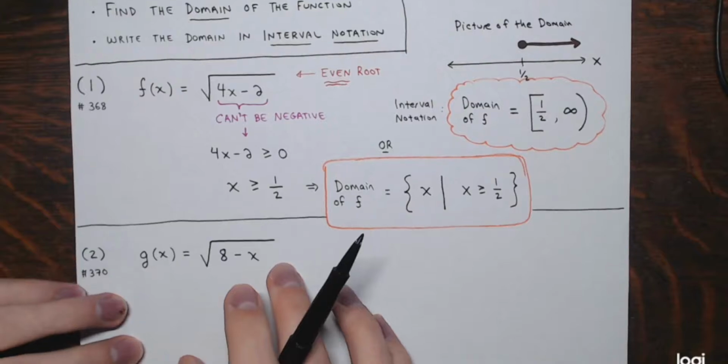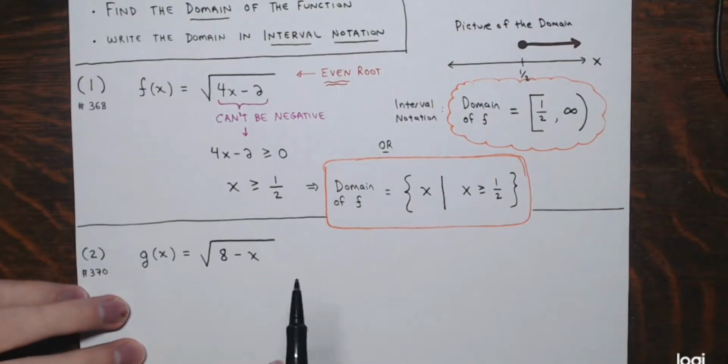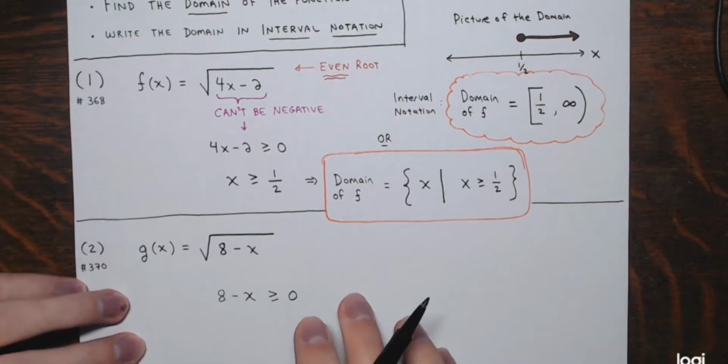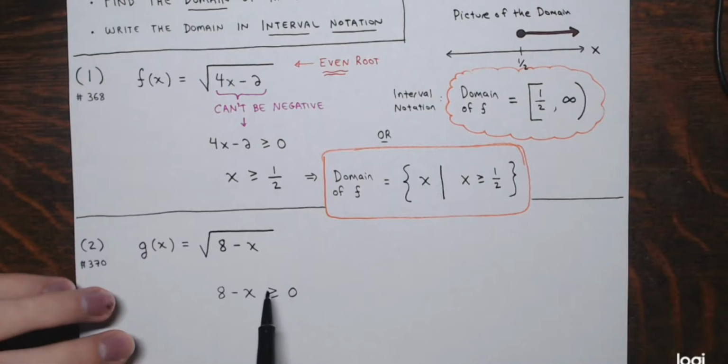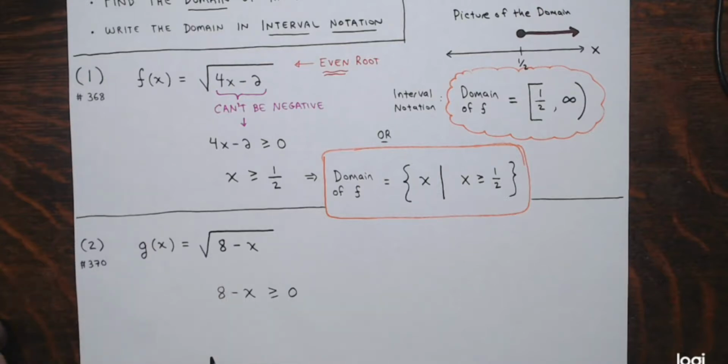So to help me find what values I can use for x, take the radicand, right? Take 8 minus x, the expression underneath the symbol, and say, hey, this has to be greater than or equal to 0, right? It can't be negative. And then I solve this inequality. So you're going to be setting up an inequality like this for any even root function.